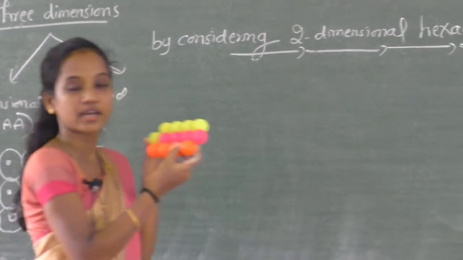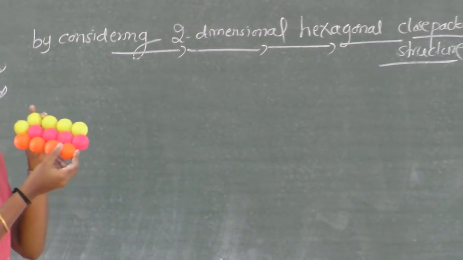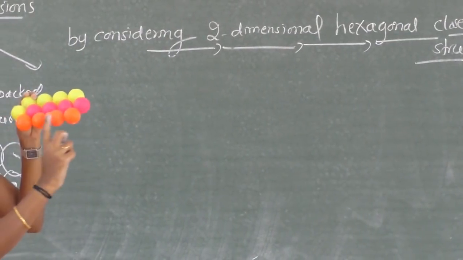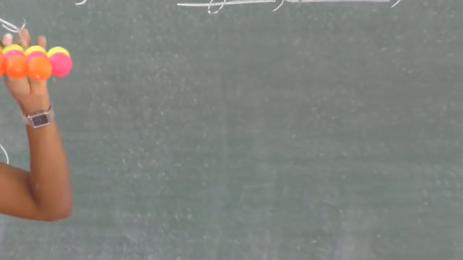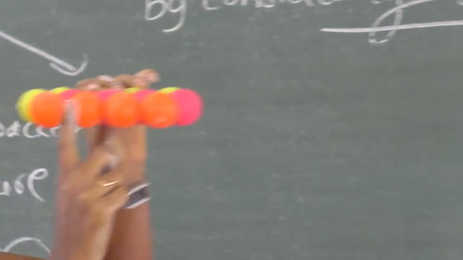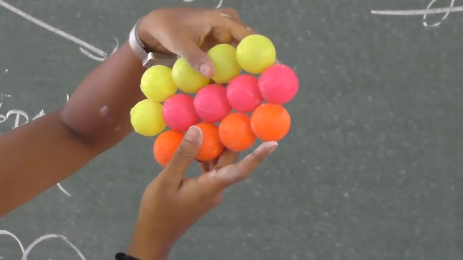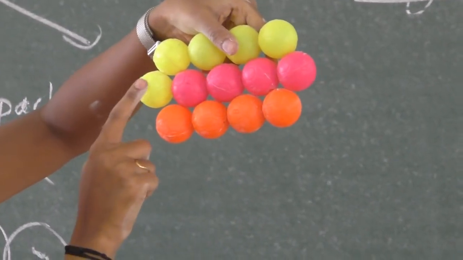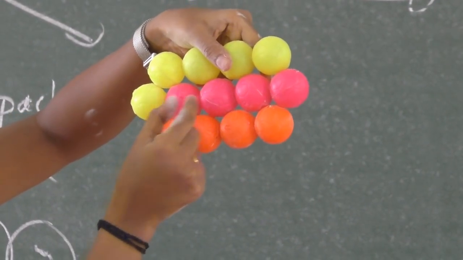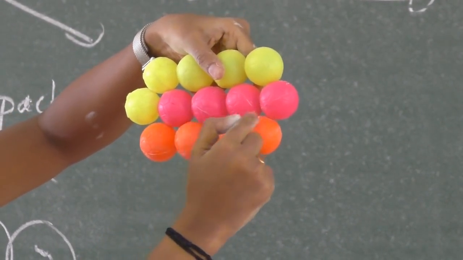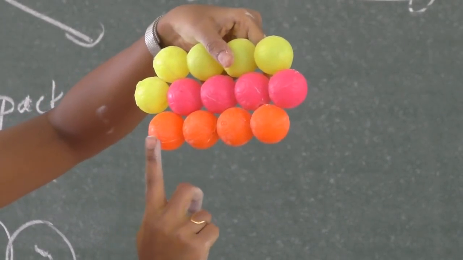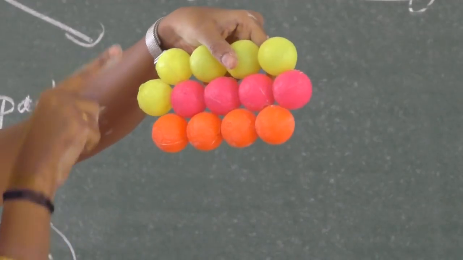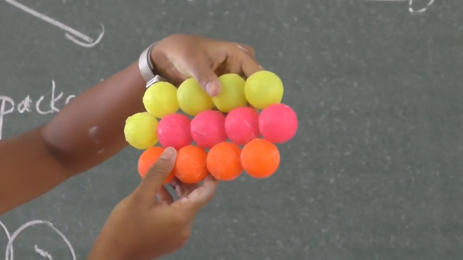So this is the hexagonal close packing structure. Clear? What is hexagonal close packing? See, this is two-dimensional, length and breadth. The first layer is A type, the second layer is B because we kept the spheres in the depressions of the first layer, and also the third layer is similar to A type. So it is a two-dimensional structure.